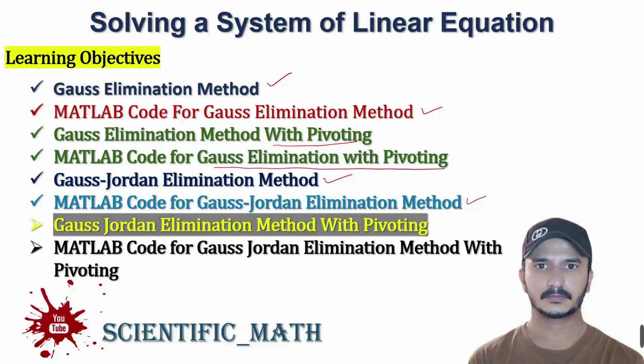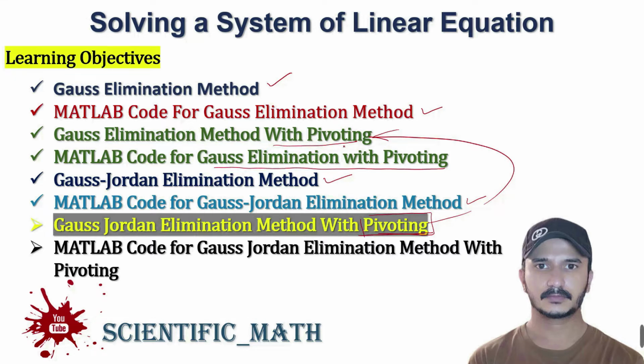Here we are going to learn about the Gauss-Jordan elimination method with pivoting, and in the next lecture we will write a MATLAB code for the Gauss-Jordan elimination method with pivoting. So what is pivoting? We have already discussed Gauss elimination method with pivoting.